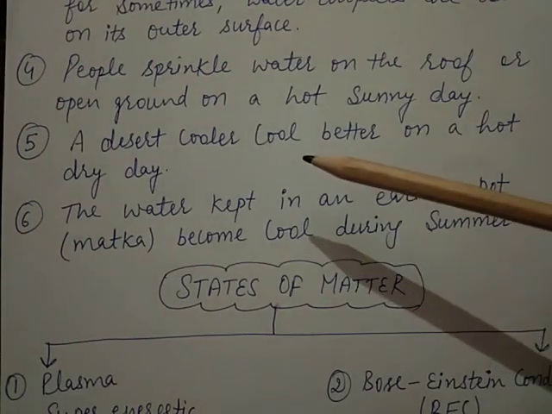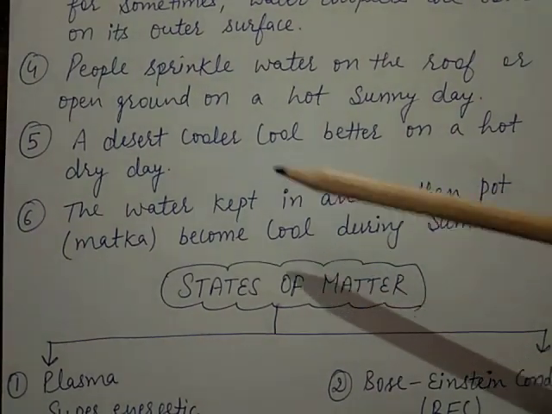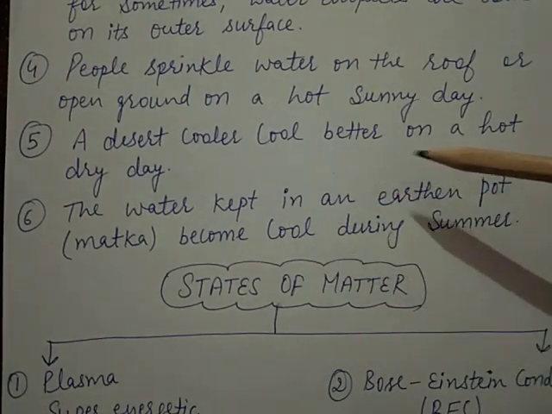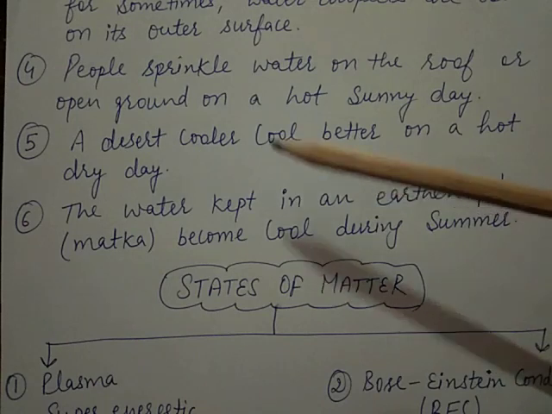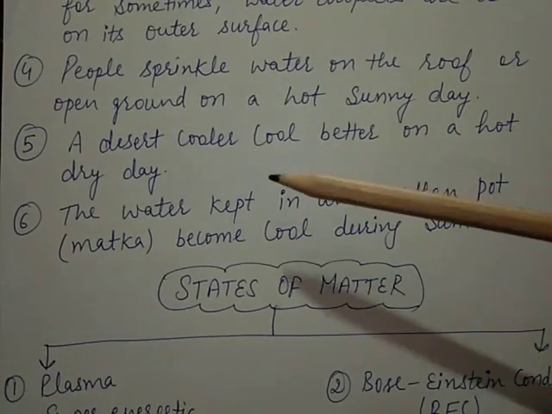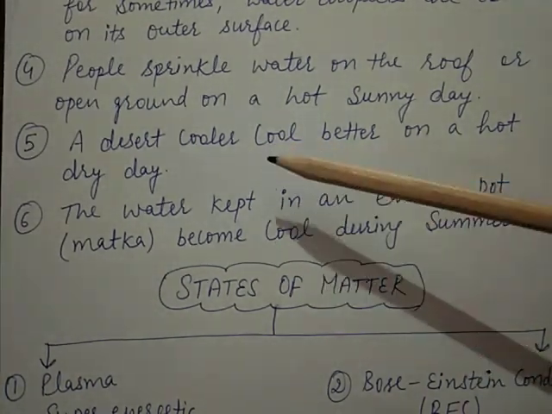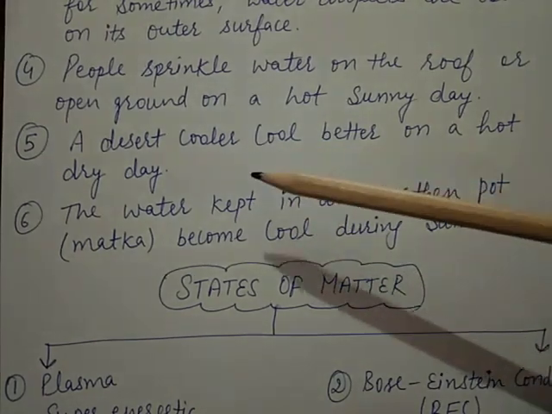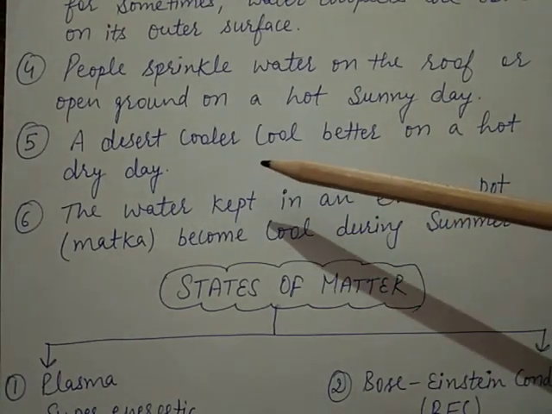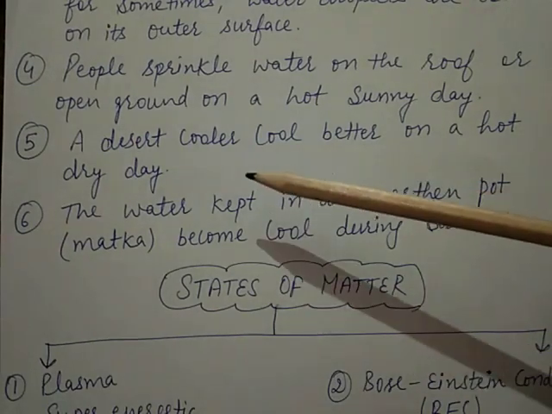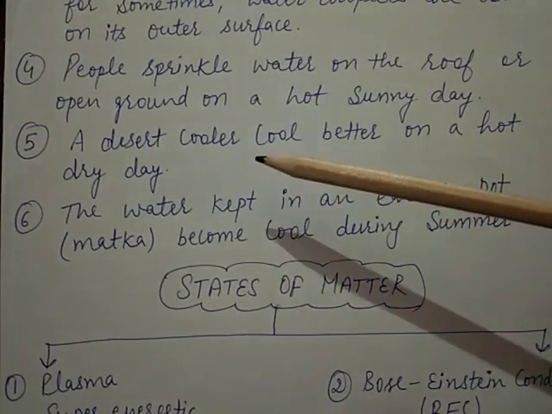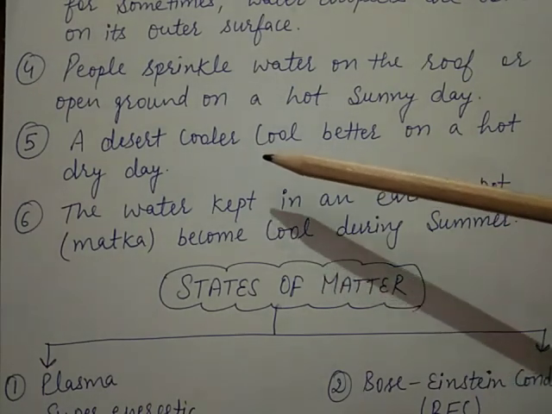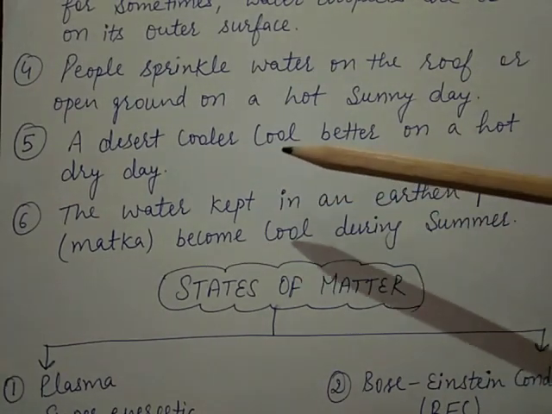Now the next example is, why does a desert cooler cool better on a hot dry day? Because on a hot dry day the temperature is high but humidity is low. So the rate of evaporation increases with increase in temperature but decrease in humidity.